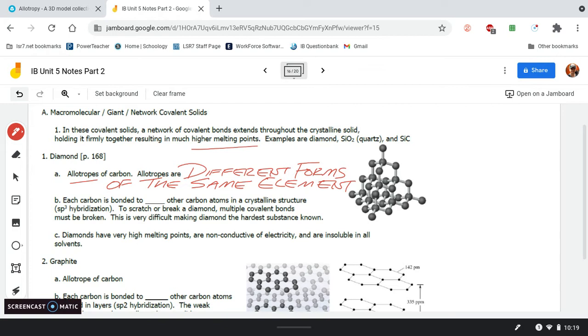So let's first look at the diamond. The thing about the diamond is that every carbon is connected to other carbons, and then those carbons are connected to other carbons, and so you have a network. This carbon here is connected to 1, 2, 3, 4 carbons, and then those carbons are also connected to 1, 2, 3, 4 carbons, and it just continues this process of being interconnected.